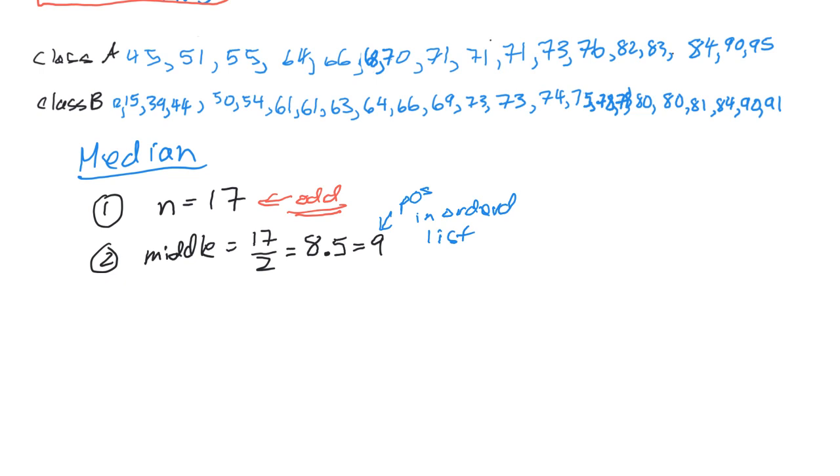So if I want to do that, all I have to do is count 1, 2, 3, 4, 5, 6, 7, 8, 9. In this case, my median, which is my middle number, is just, well, 71.